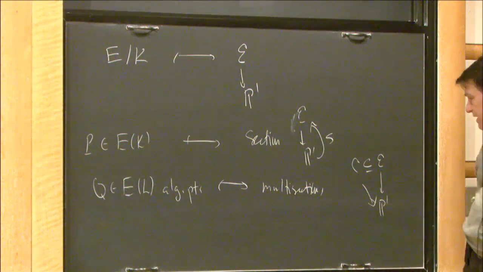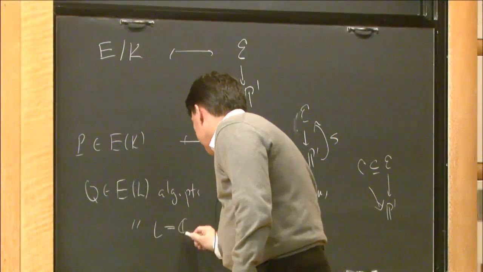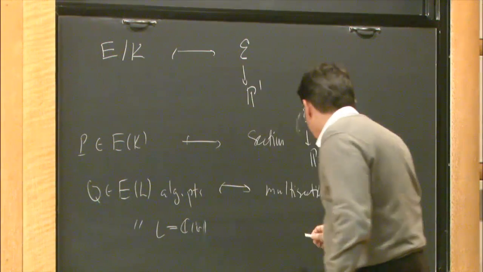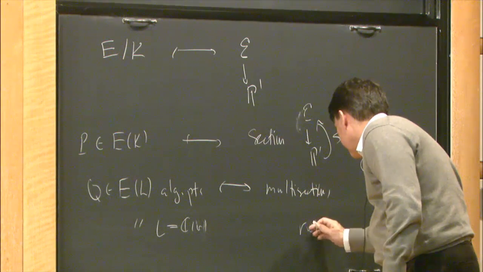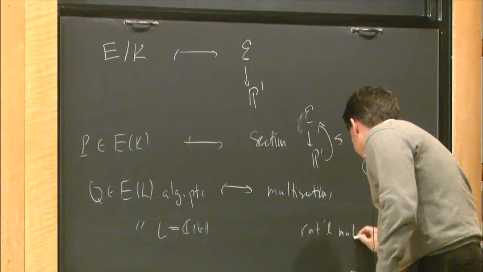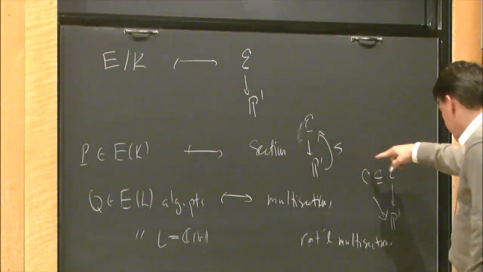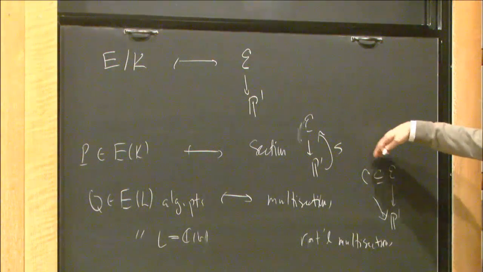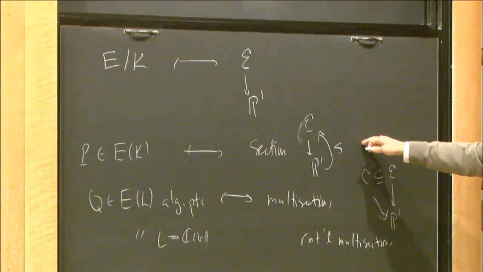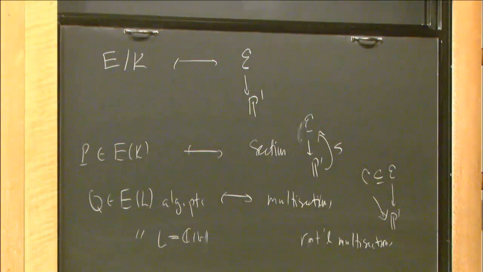And that's the degree of the extension L. And then algebraic points where L is the rational function field correspond to rational multisections, where this is a rational curve. When I say rational, I mean a curve whose normalization is P1. I'm not assuming that this is smooth or anything like that. It's just an irreducible curve whose normalization is P1.